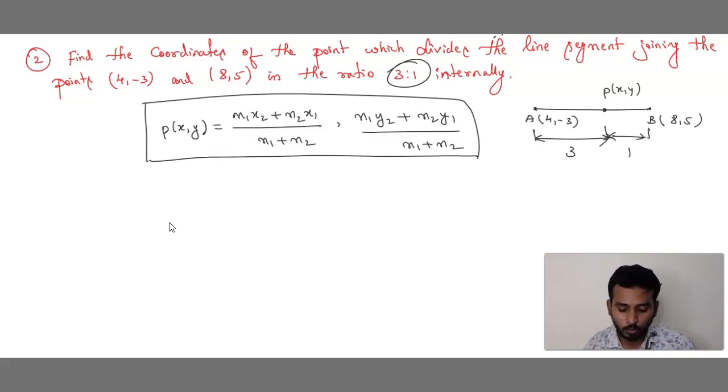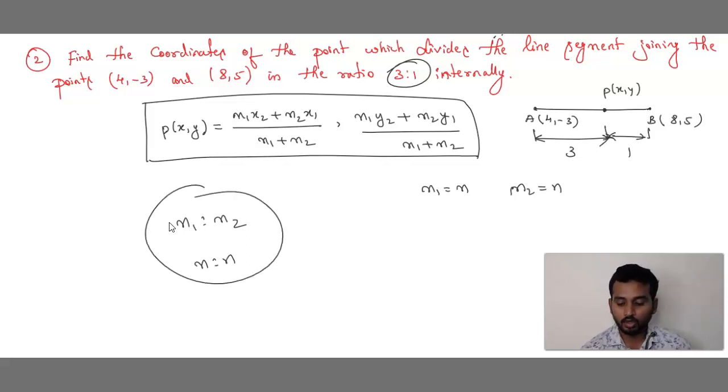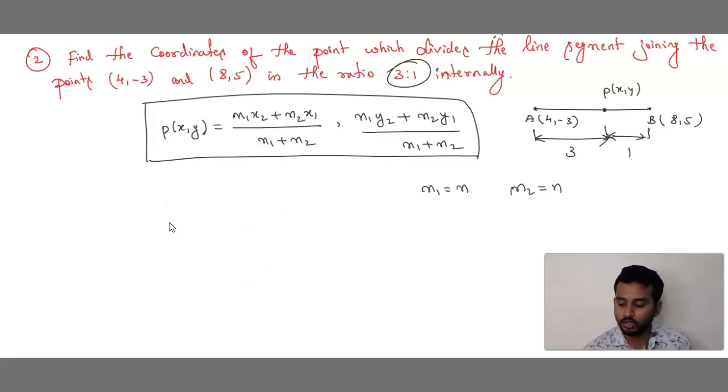In most of the textbooks, they have taken m1 as m and m2 as n. They will use the ratio not as m1 is to m2, they will take it as m is to n. Both are one and the same. Those people will use mx2 plus nx1 by m plus n, my2 plus ny1 by m plus n. But here we use m1 is to m2.